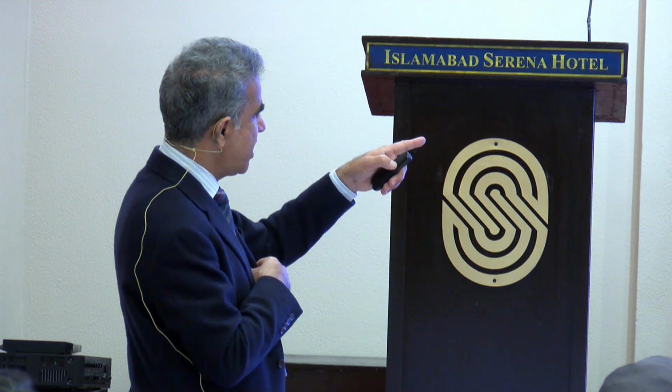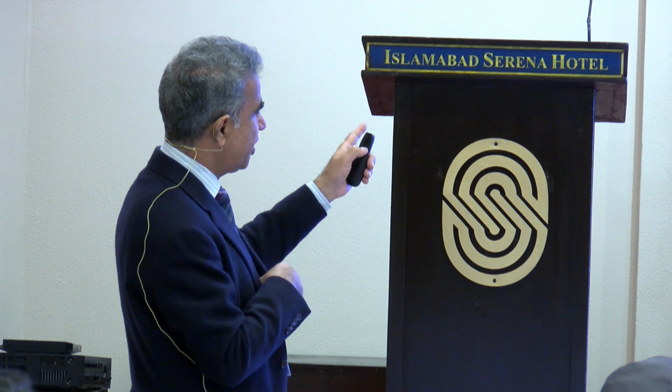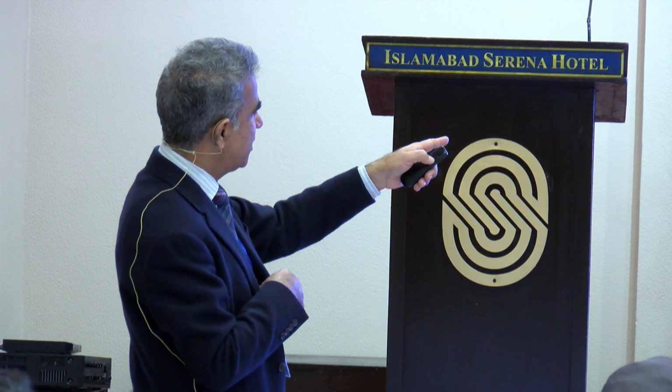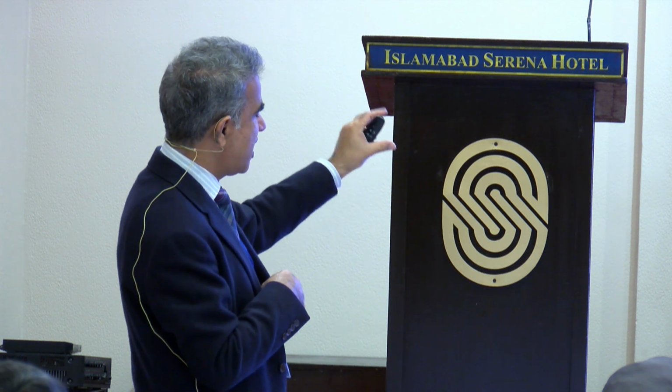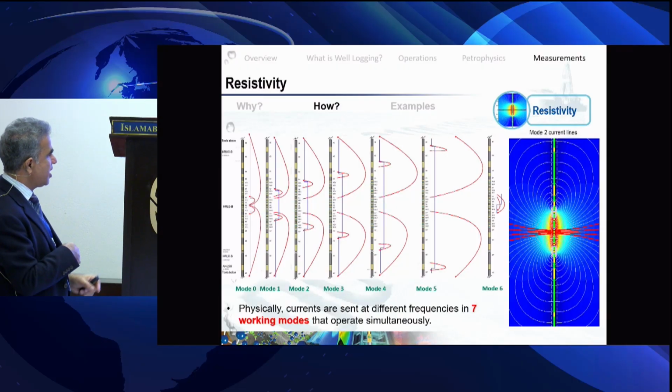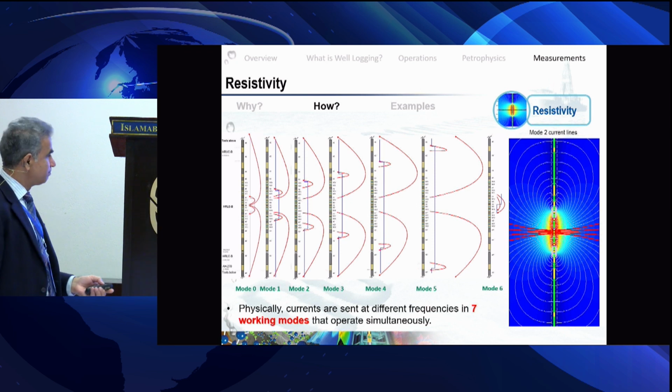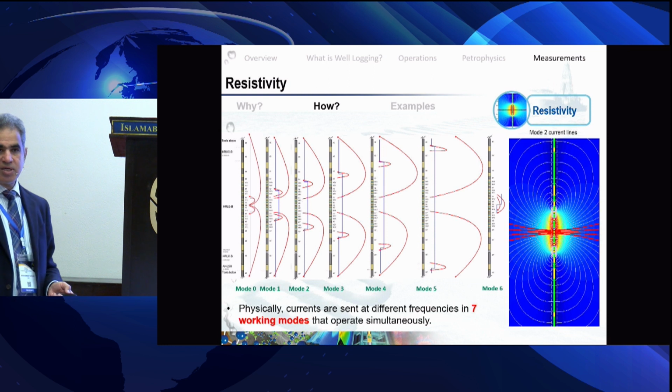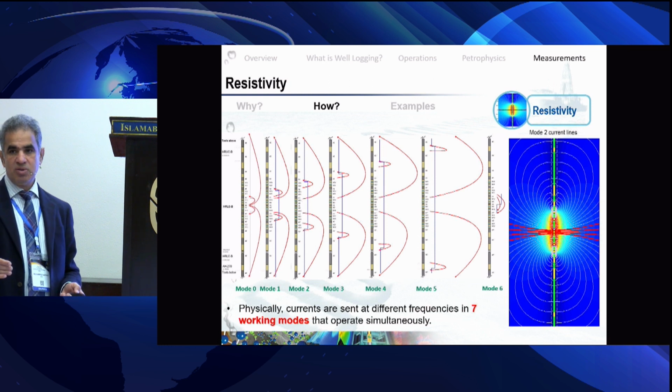Physically, currents are set at different frequencies in 7 working modes, from left to right, shallow to deep. As you can see, shallow is very close and sharper, whereas deep is smoother. We call them mode 0 to mode 7, and each mode will have a resistivity value, close to the borehole and away from the borehole, deep into the formation.